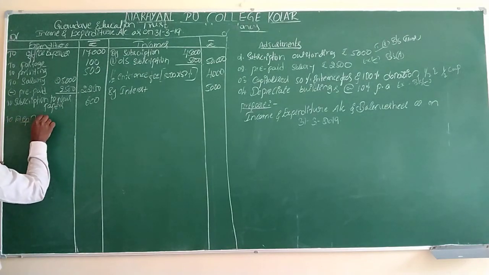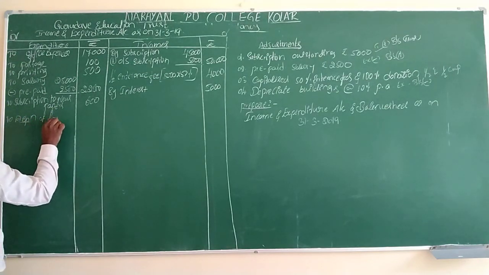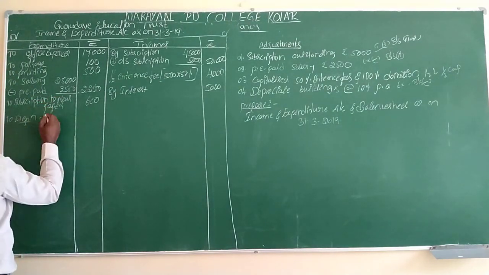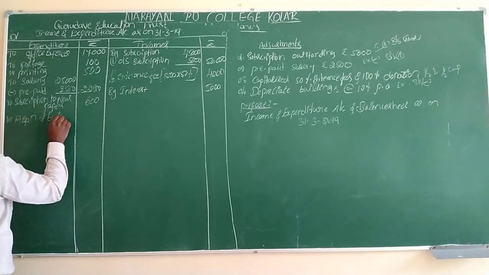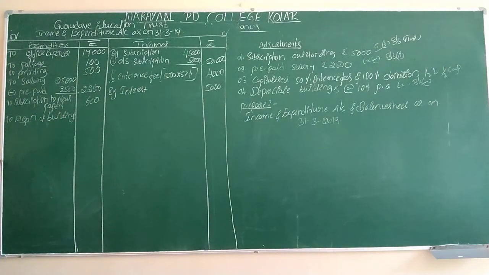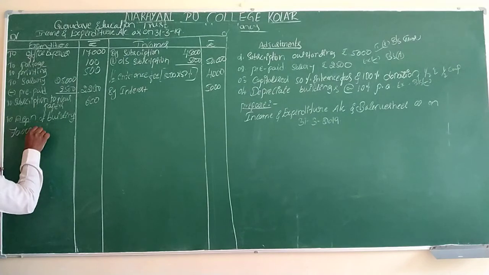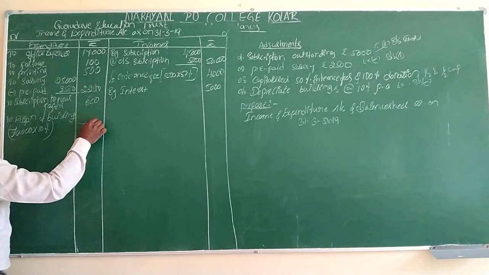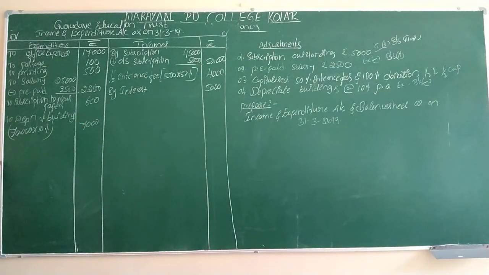Depreciation of buildings: the value of buildings is 70,000, multiplied by 10%. You will get 7,000. So these are all the transactions that are affected from the receipts and payments account, and they will reflect in our income and expenditure account.